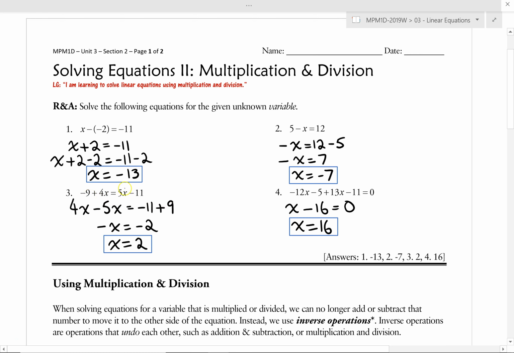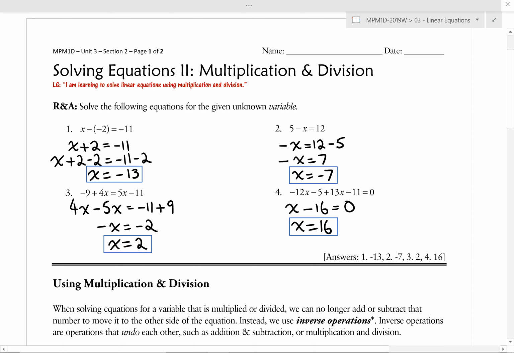And when we subtract 5x from both sides, it becomes negative over here, there's the subtraction, and it cancels on the right. And so then we're ready to collect like terms. So we end up with 4 minus 5, so negative x, and on the right we get negative 11 plus 9, which is negative 2. Switch the signs, and that gives us x equals 2.